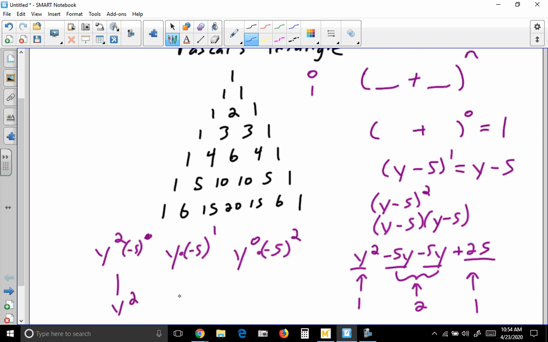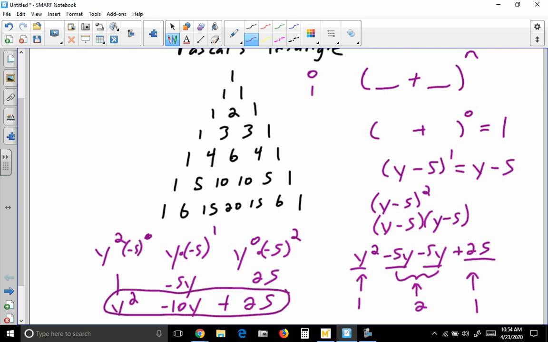We have a minus 5 times y, 2 times, so minus 5y times 2 is minus 10y. And then the last term has no y's and minus 5 squared, which is 25. We have that 1 time, so we have y squared minus 10y plus 25. So that's what we get when we multiply that out.